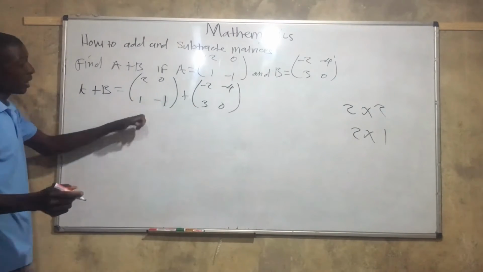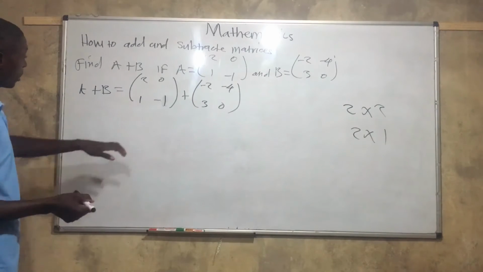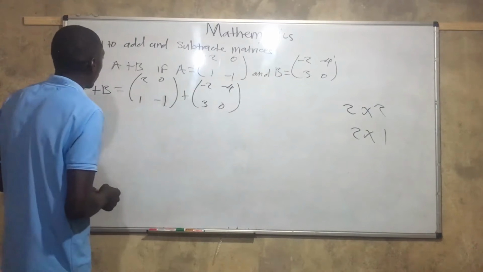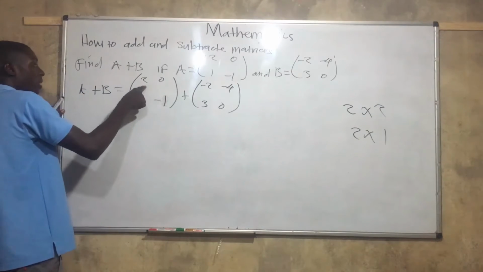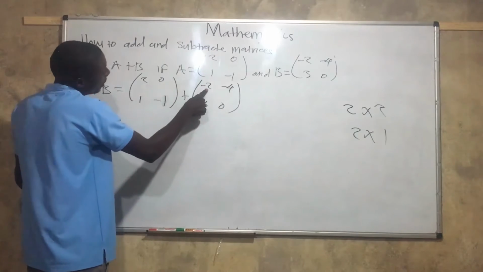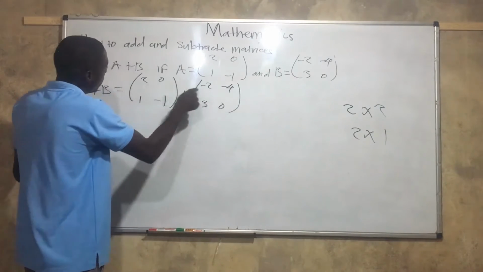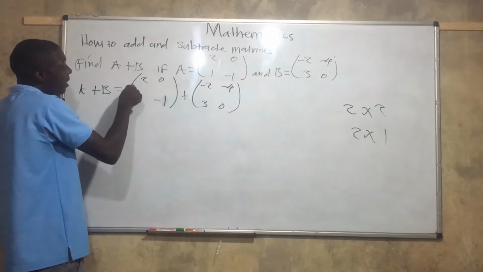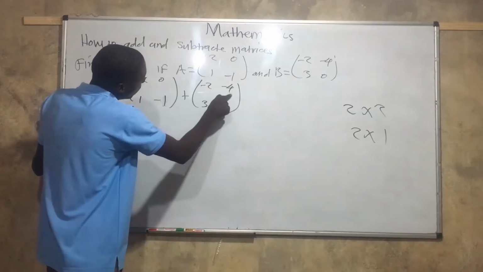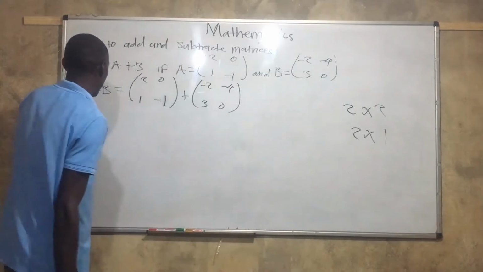So we are adding two matrices, which is A and B. Since the order is the same, the first number in the first matrix will add with the first number in the second matrix. This applies to the second number in the first row, which will add with the second number in the second matrix in the first row.